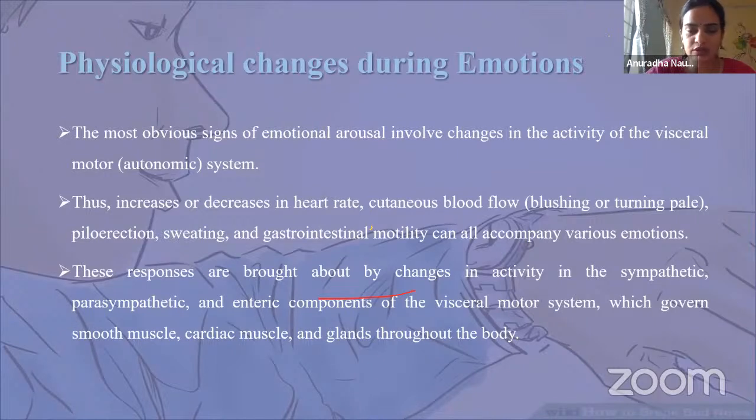So what you need to understand is the autonomic nervous system, which has two parts, parasympathetic and sympathetic nervous system. They are both involved in how we are experiencing an emotion. So there can be an increase in heart rate, a decrease in heart rate, an increase in blood pressure, different physiological things that we are feeling in the moment.